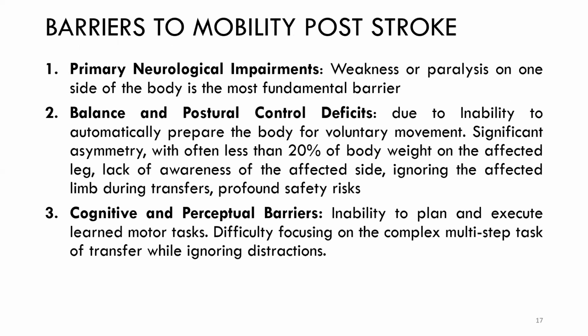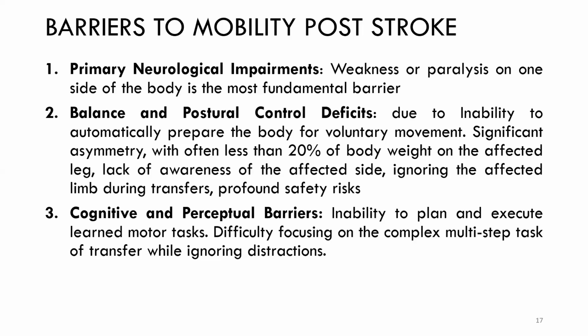So, barriers to mobility after a stroke. We have the primary neurological impairment, which is either the weakness or the paralysis on the affected side. We have the balance and the postural control deficits. This is another important factor to consider, because there is asymmetry in most stroke patients, especially when you observe their pattern of gait.